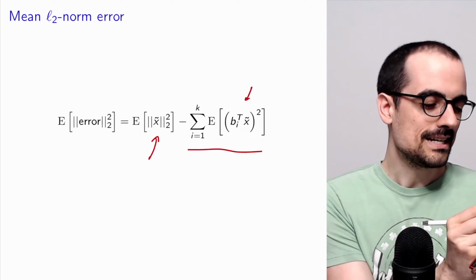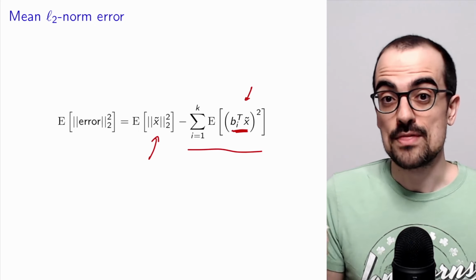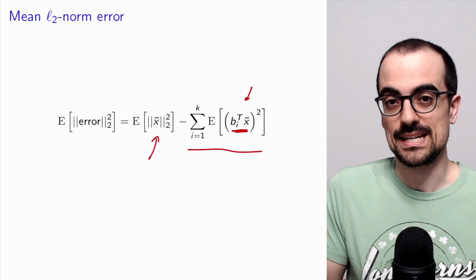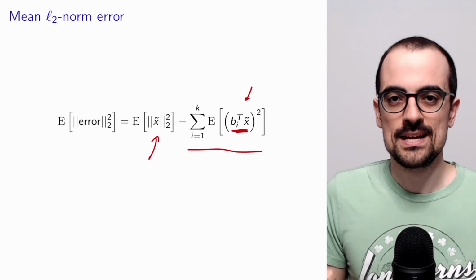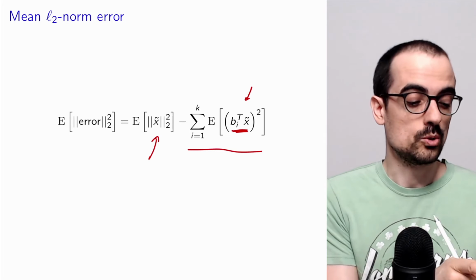Now, this guy is a random variable. It's a random variable that has zero mean because the mean of x is zero. So by linearity of expectation, the mean of Bi transpose x is also going to be zero. If we have a zero mean random variable and we're looking at its mean squared, that's just equal to its variance.